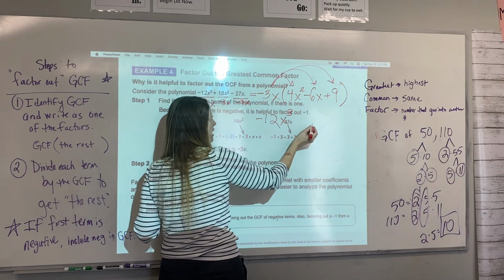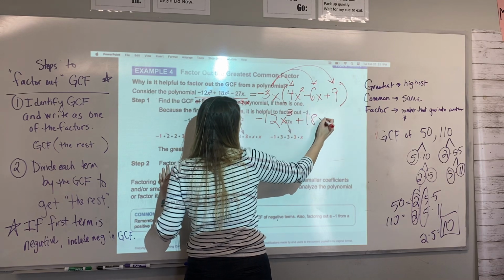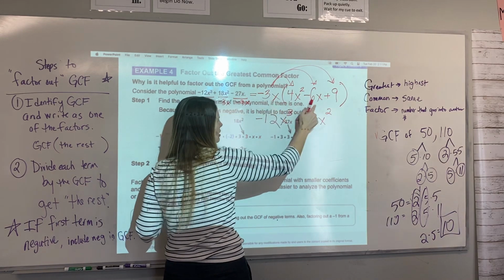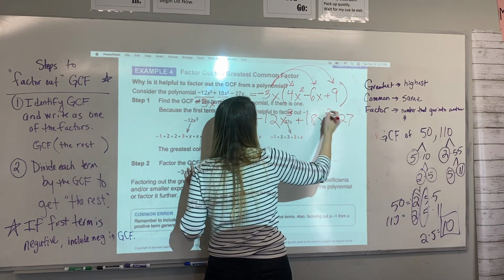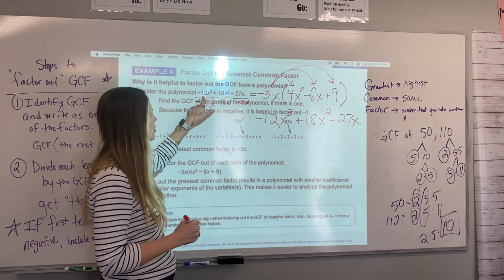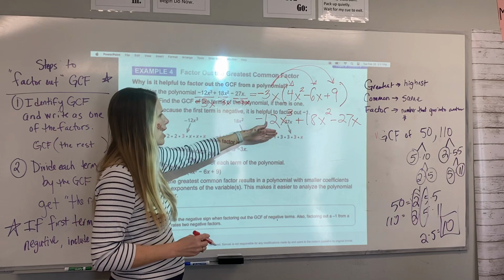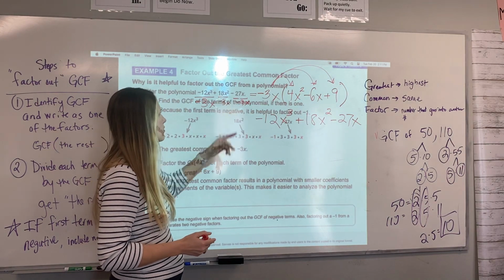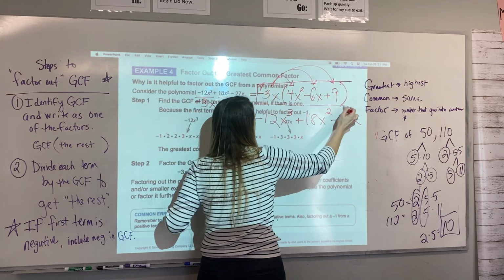Negative 3 times negative 6, 18 x's, plus 18, x times x is x to the second. And then negative 3 times 9, minus 27, and then x is just x. Does it match? Yeah. So that's just a check, because this isn't the answer, because that was the question. This is the answer. We just use the distributive property to check it.